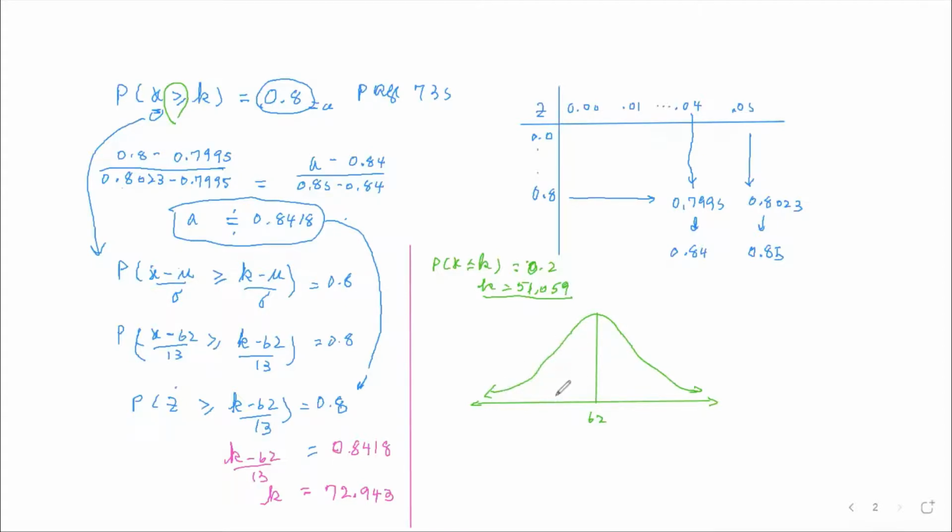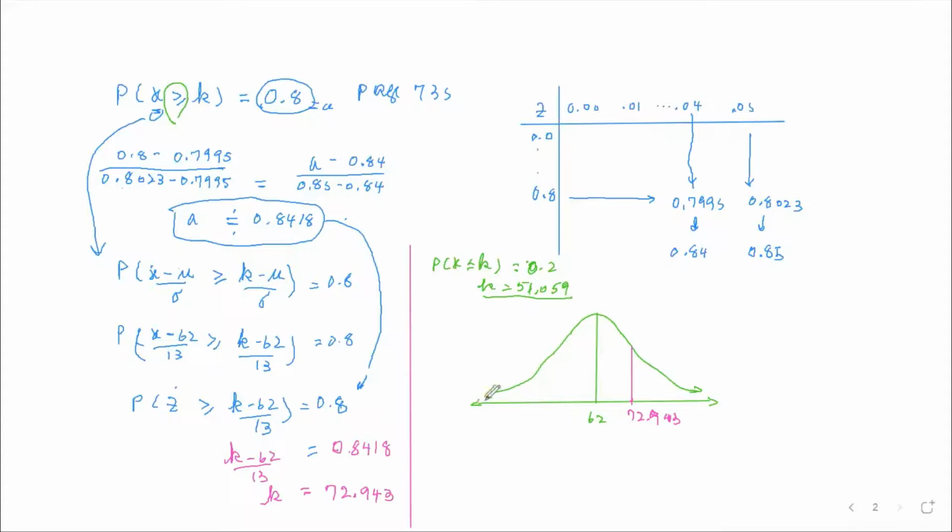So we got K here, K is 72.943 approximately, somewhere here. 72.943 is equal to the probability, the area under the curve, equal to 0.8.